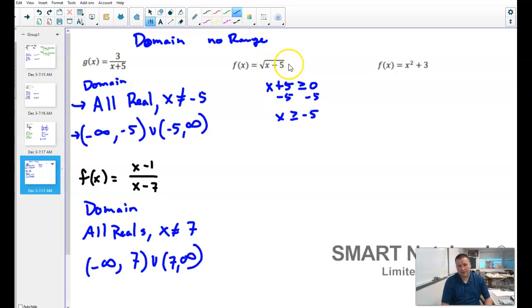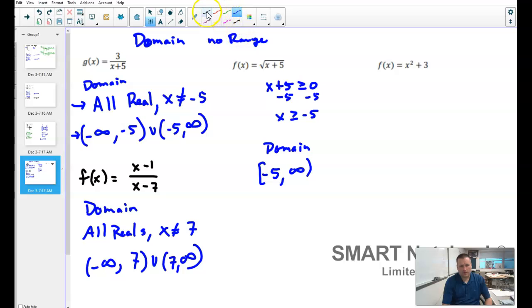If I plug in negative 6, it gives me negative 1. So I need my values to be greater than or equal to negative 5. So my domain for this one needs to be everything from negative 5 and bigger. So that would be negative 5 to infinity, guys. Always put parentheses on infinity. It can be equal to negative 5, so I'm going to put a bracket there.